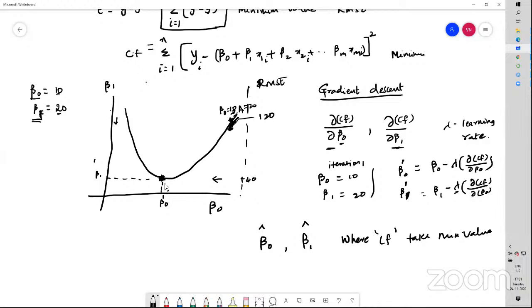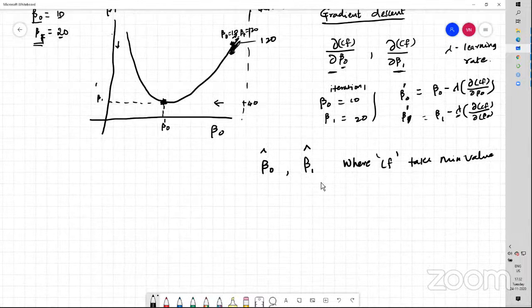How do we know we have reached this point? Any change to beta naught and beta 1 now will result in an increase in the RMSE value. When it starts to increase, we know we are moving in the wrong direction. So that's how we know we have reached the minimal point and we stop there. We have learned the weights beta naught and beta 1 from our training.